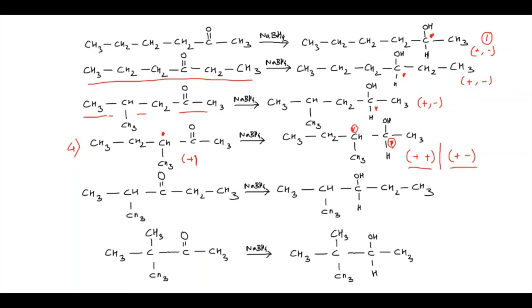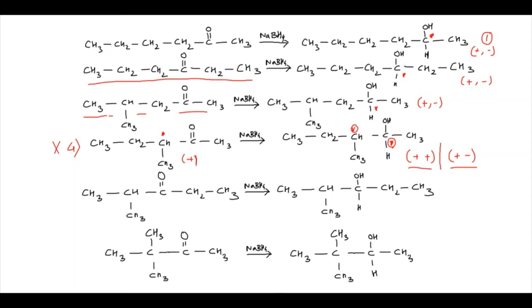That means racemization will not occur, because racemization is only possible when 2 enantiomers are formed in equal amount. Here only 2 different diastereomers are formed, so this option is cancelled out. This number 4 ketone is not going to give a racemic mixture.